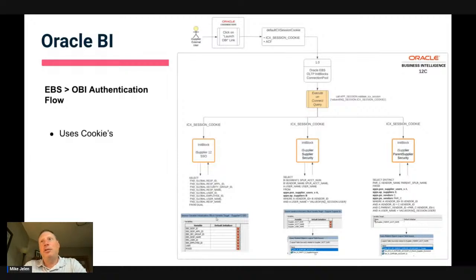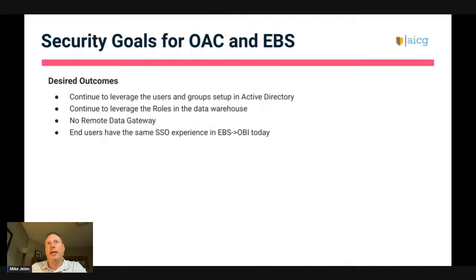So leveraging cookies was that old handshake. So for those of you that have been using OBI and EBS on-prem for a while, this will look very familiar to you, where that ICX session cookie is getting picked up by the initialization block within OBI, and then you get your repository variables or session variables based upon that cookie.